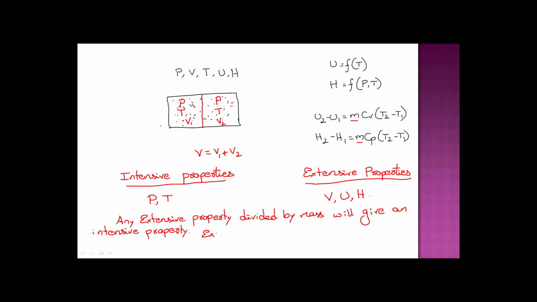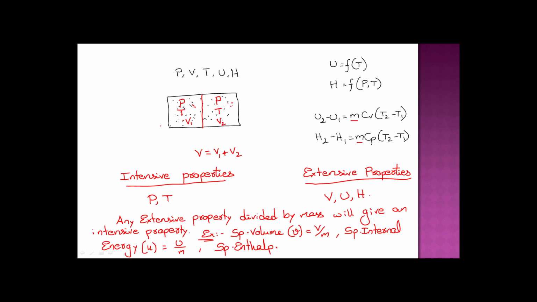This is an intensive property. Specific internal energy, denoted by small u, which is capital U by m, and specific enthalpy, small h, which is total enthalpy by mass. So any extensive property divided by mass will give us an intensive property.